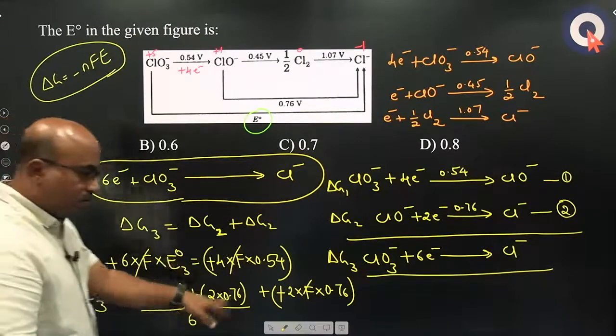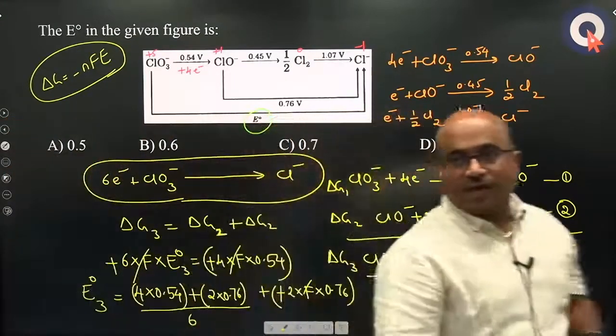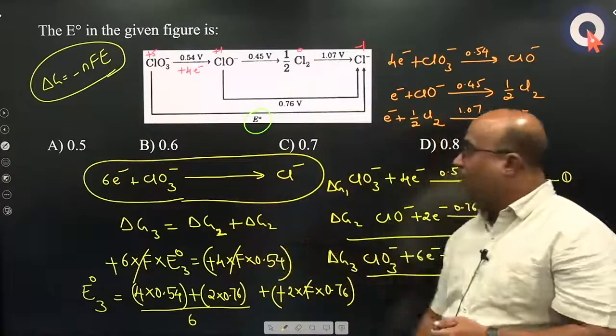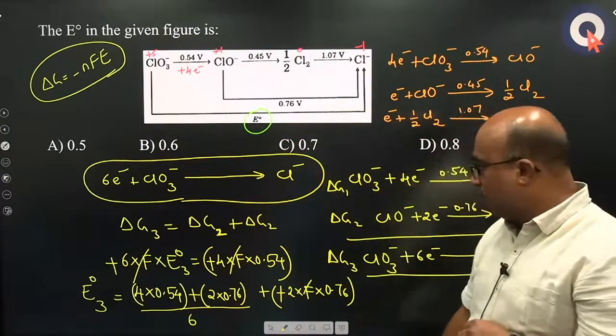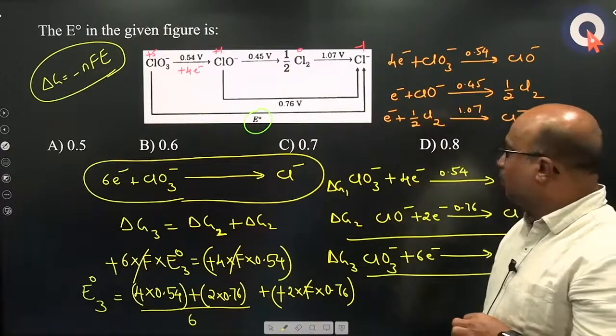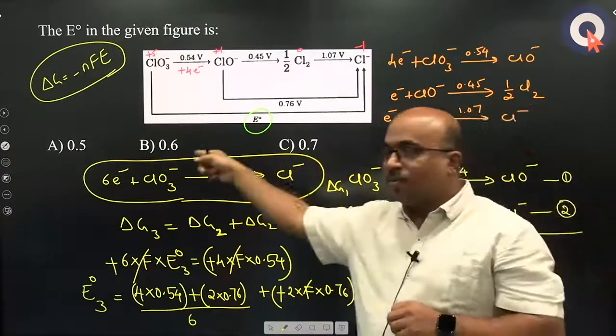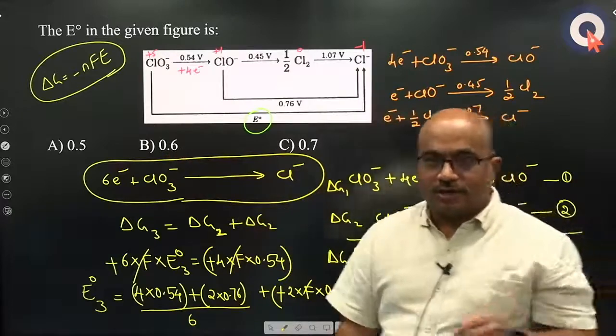So it's only a calculation that we can do and say what is the cell potential value. Clear? Which one will we get, 0.8 or 0.7 or 0.6, you can check.